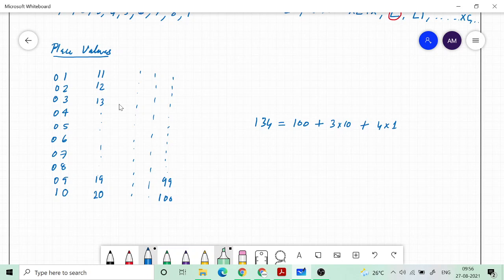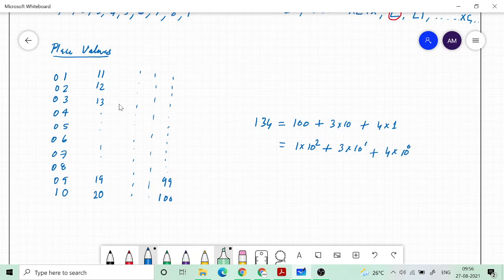So each position has a different value associated with it, and you could write it as basically 1 into 10 raised to 2 plus 3 into 10 raised to 1 plus 4 into 10 raised to 0. So this is what we are actually meaning. So this is the decimal number system.